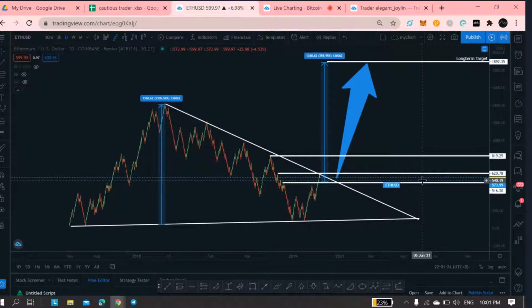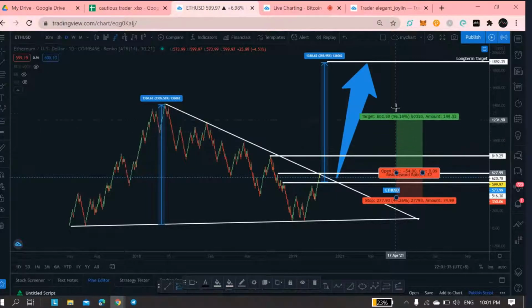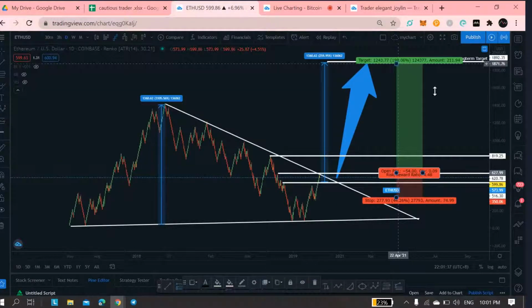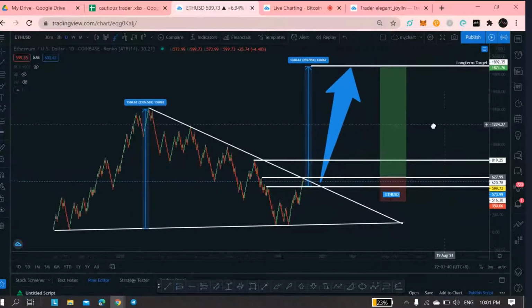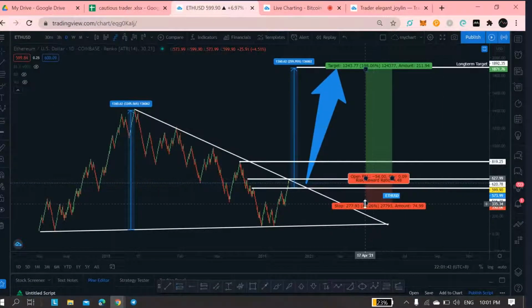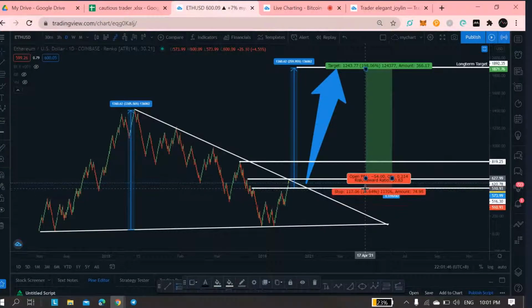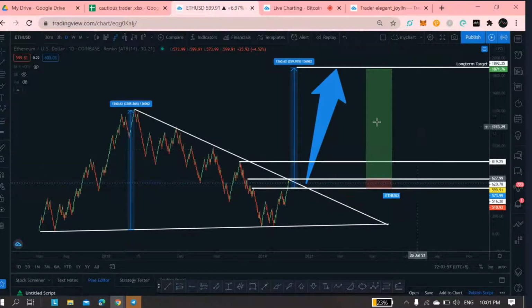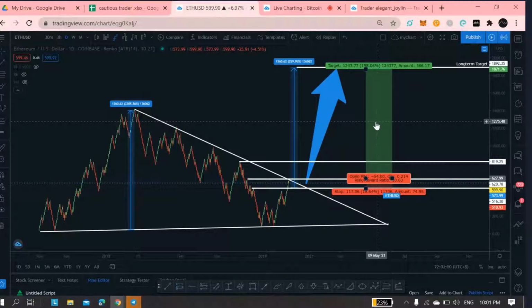So now let's measure the possible risk reward. If BTC is around 50% with the target of close to 30,000 or 29,000, around that area, and if this close to 1,900 or 2,000 got hit, and with a stop loss at 500, then that's still a possible return of around 198%.